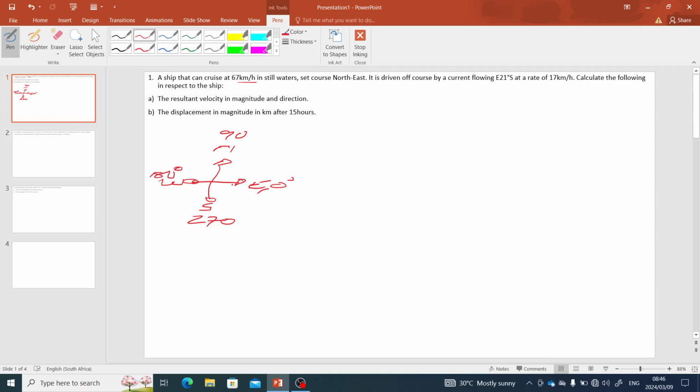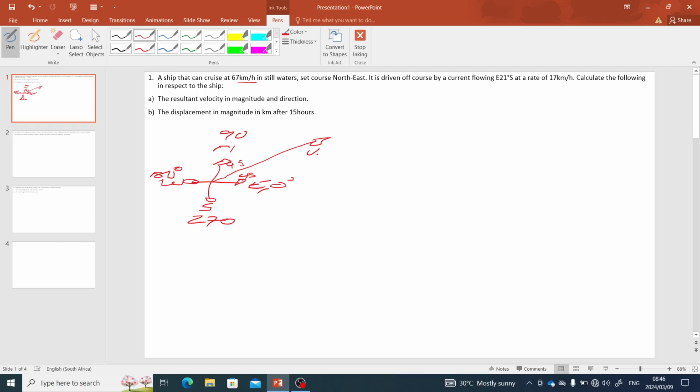This ship is going northeast. It is between these cardinal points, which means it is at a 45-degree angle, because 90 divided by 2 is 45. We know that our quads are made up of 90, 45, 45.